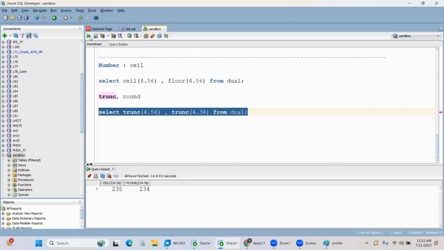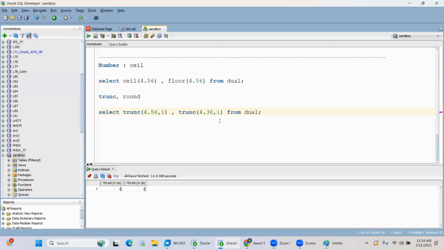So let's see how it works, guys. If you just do trunc, it's a very cruel function. Why am I saying cruel? It will just simply remove the decimal part. But if I write here comma 1, let's see what will happen in that case.